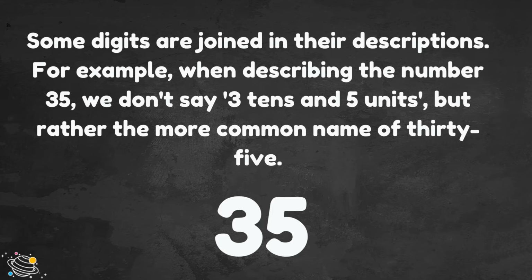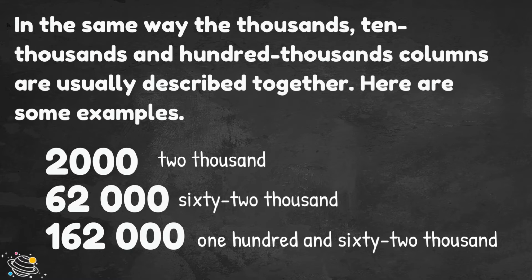For example, when describing the number 35, we don't say 3 tens and 5 units, but rather the more common name of 35. In the same way, the thousands, 10,000s, and 100,000s columns are usually described together. Here are some examples: 2,000, 62,000, and 162,000.